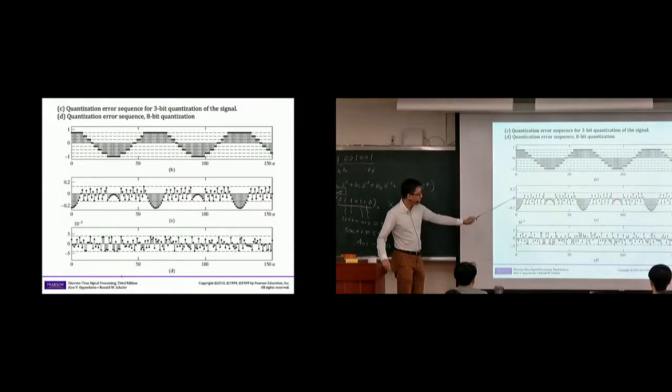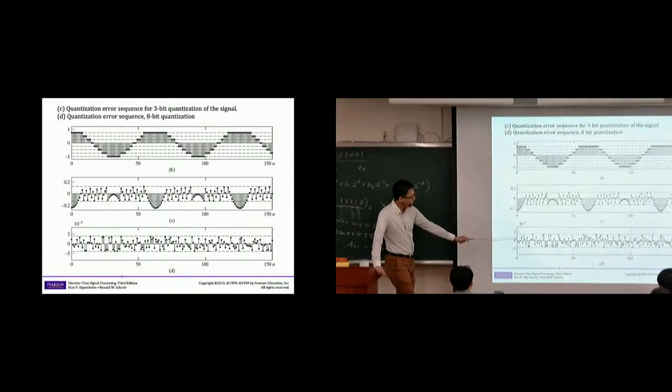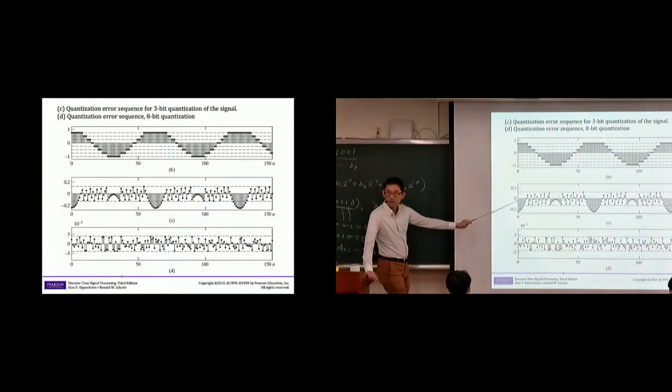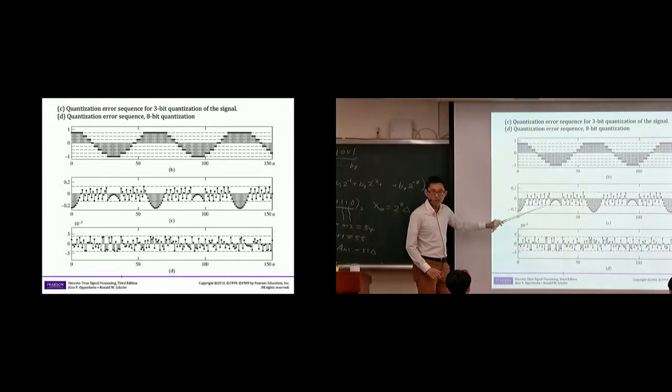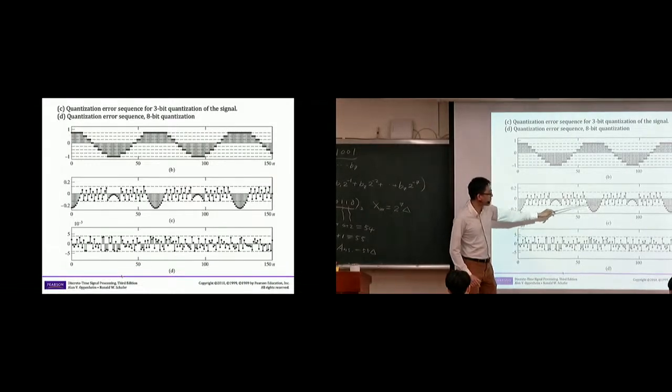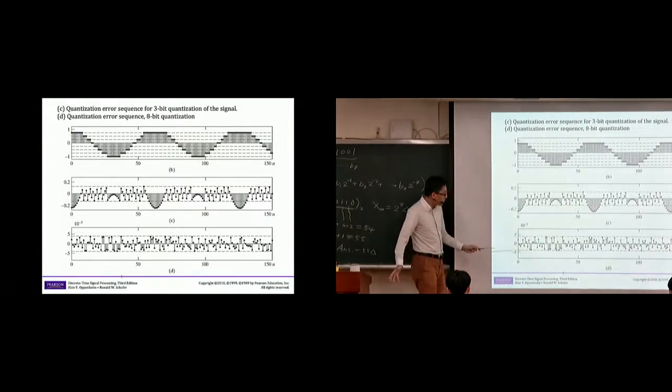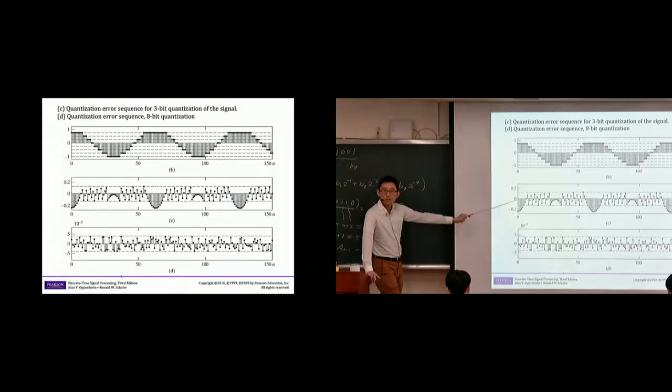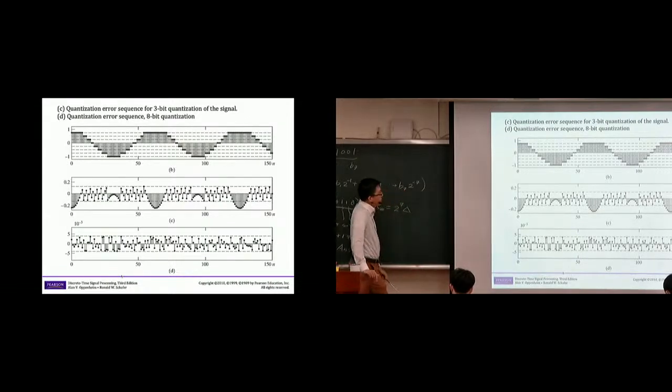Compared to 3 bits versus 8 bits, I think we can see that this looks more random than that. This is not really random. It's random right here, but now the shape shows up. So it's not really random here, but maybe in here it looks random. This looks more random than that. 用看的嘛, by inspection. By simply visualizing the error, this indeed looks more random.